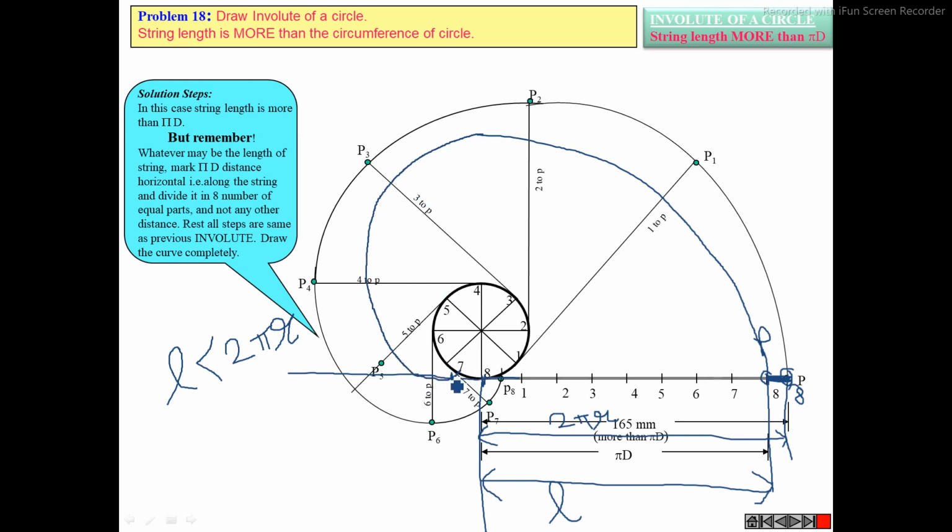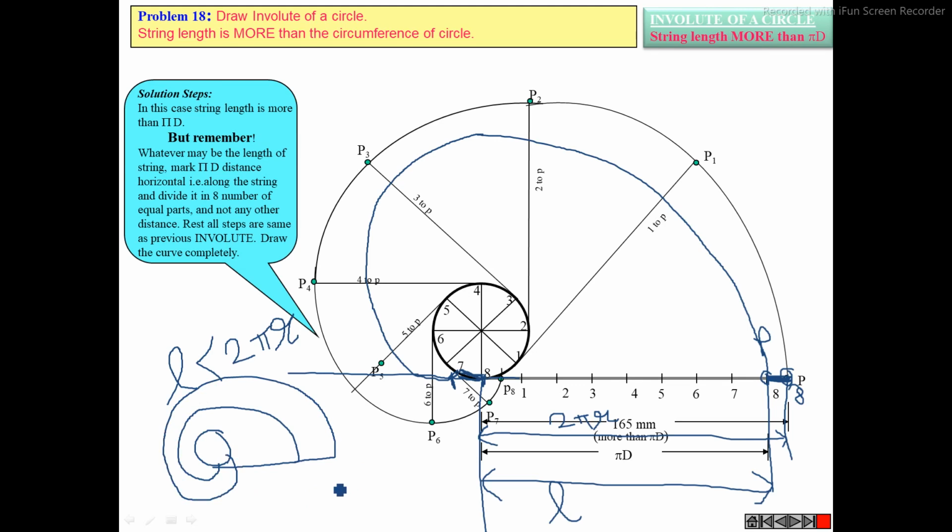So your involute will be like this, and just join it with the circle. See the difference? How much portion is unwrapped or left behind? This portion in the circle is left behind. That means for the first case, this is the diagram of involute. For the second case, this is the diagram of involute.